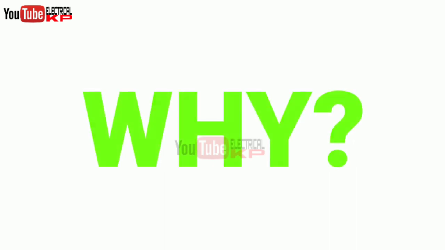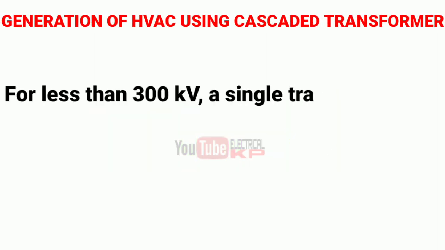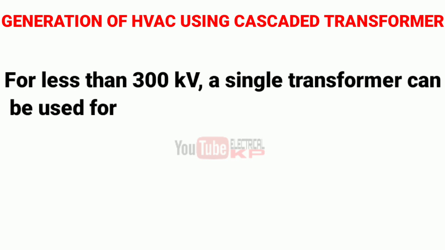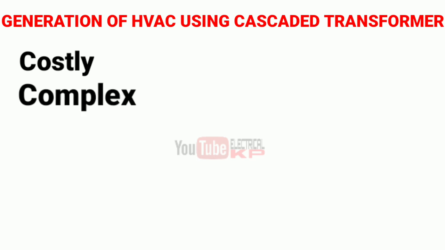So for the generation of HVAC, if we require about 300 kV, then we can step up that voltage or generate that voltage using a single transformer. But if we require a voltage above 300 kV, then that single unit becomes too costly as well as complex, and there are insulation problems.